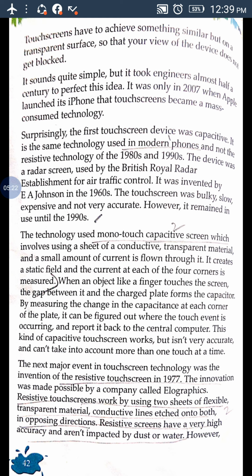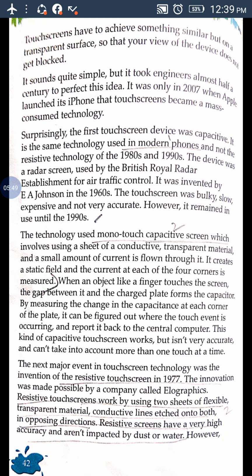A sheet was there of a conductive transparent material, okay, that could conduct, and a small amount of current is flown through it. A very small amount of current used to flow through it. It creates a static field, and the current at each of the four corners is measured. There was a static field there, and current used to flow from all the four corners only, okay, and it was measured also.